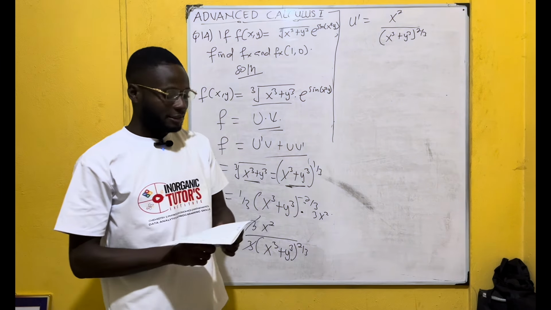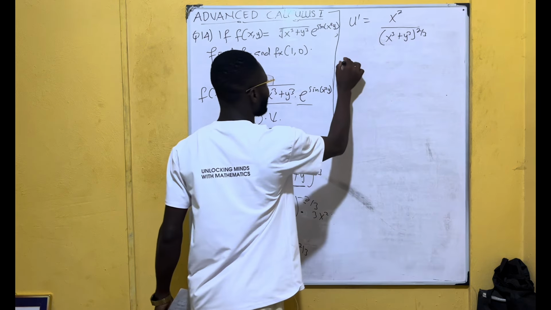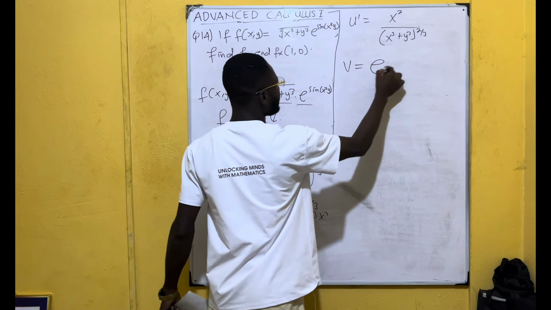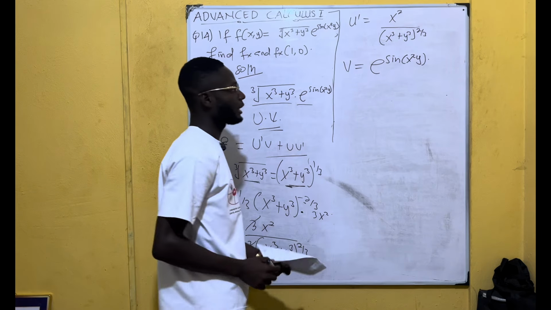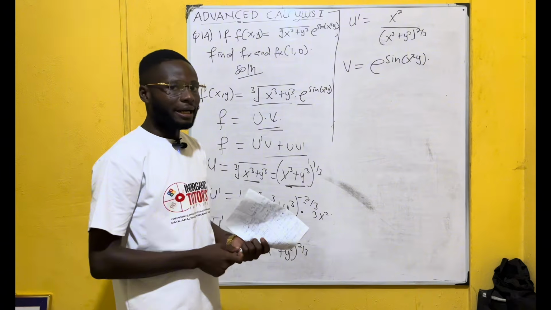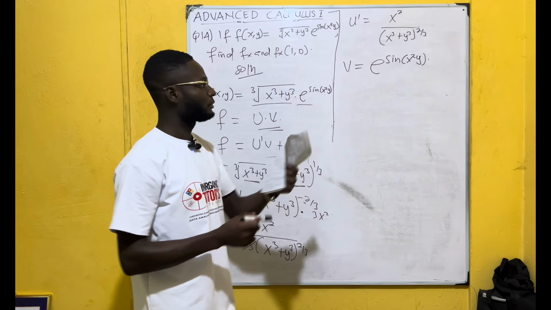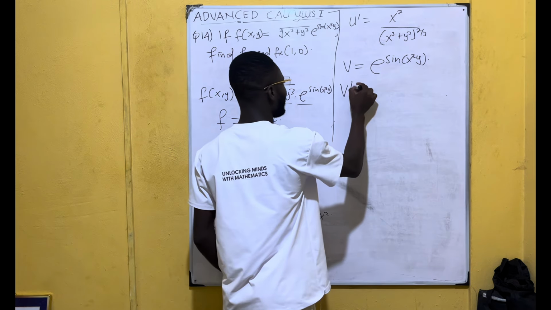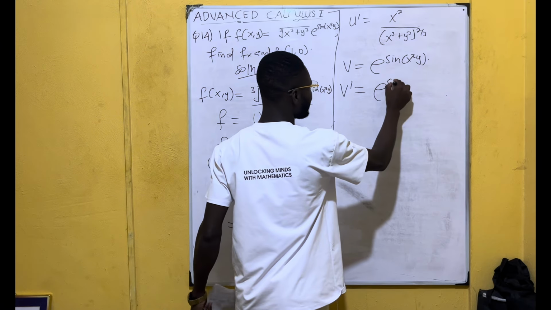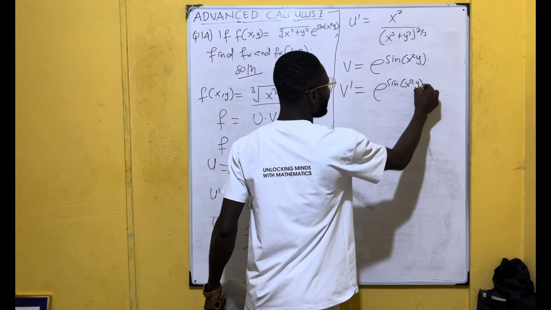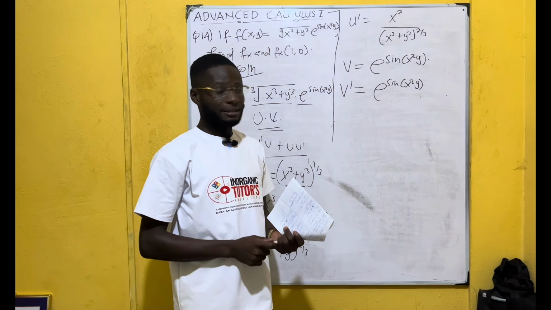Right, great. So once we have the u prime, then the second function represents our v, and that is e to the power sine of x squared y. Okay, so for us to apply the product rule properly, we also have to differentiate this to find the v prime. Differentiating this means you maintain the function itself, then you differentiate the function on top with respect to x.